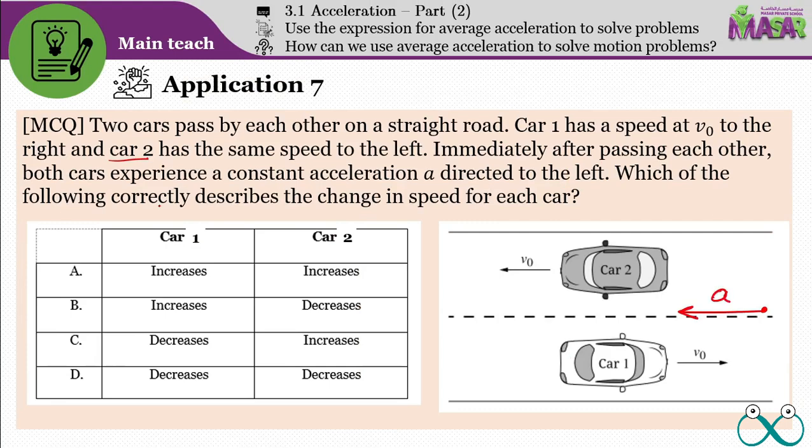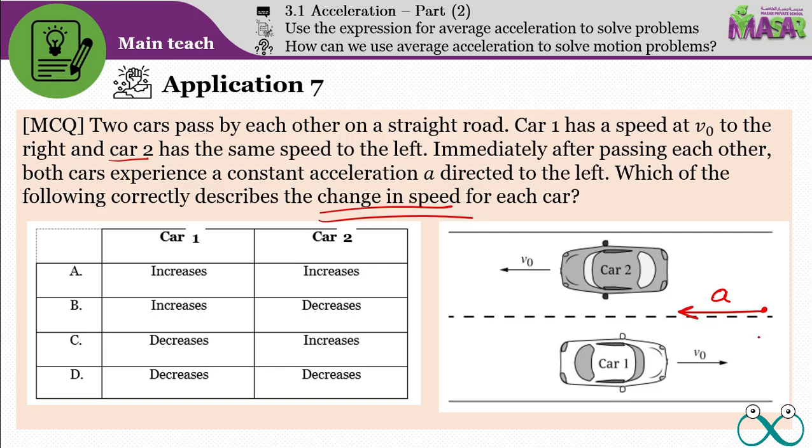Which of the following correctly describes the change in speed for each car? They want us to choose among these choices the correct row that reflects what is going on here after we have activated the acceleration.